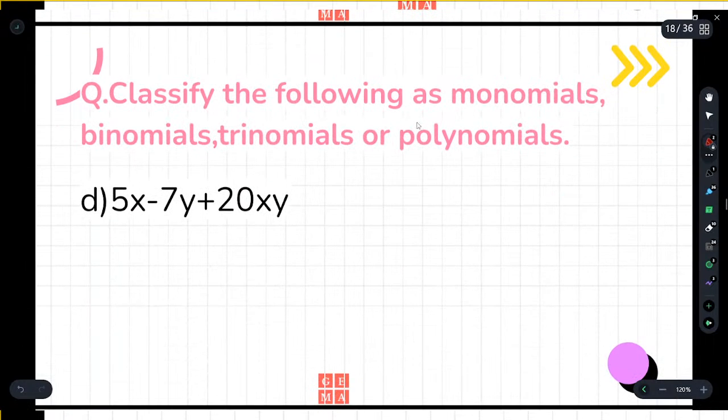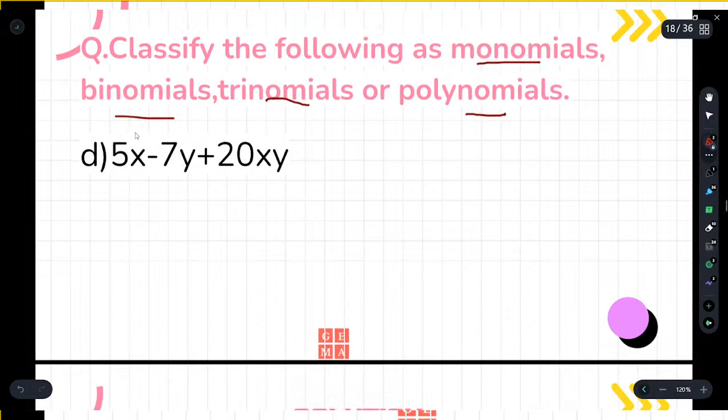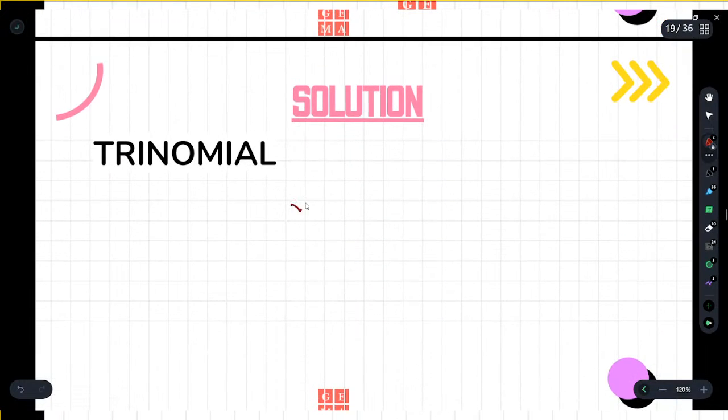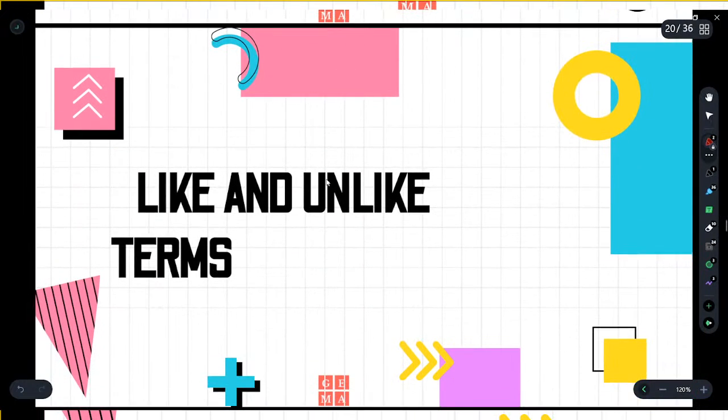Let's move on next. Monomials, binomials, trinomials or polynomials. Which one is it? Let's check the number of terms. 1, 2 and 3. So it's a trinomial. Let's move on next. Yeah, our answer is correct.